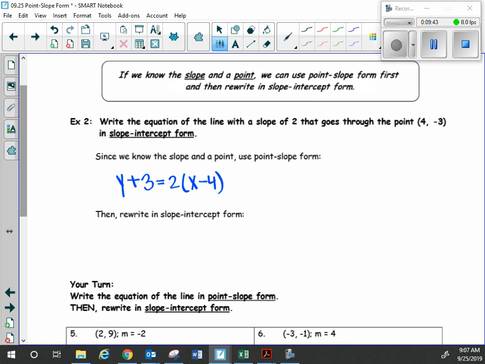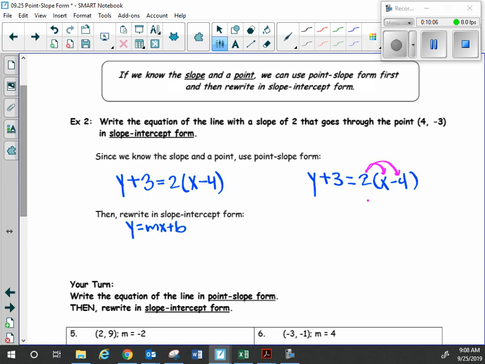So if I'm trying to get it to y equals mx plus b, obviously we're trying to isolate what? Y. Let's distribute 2 first.